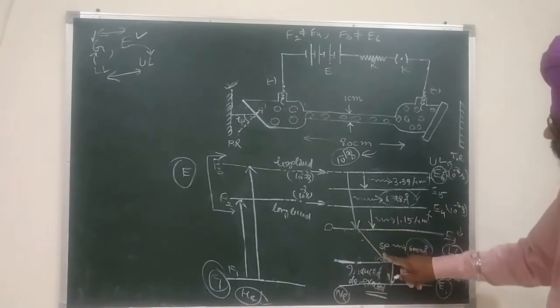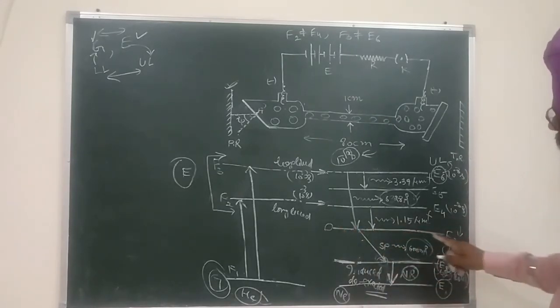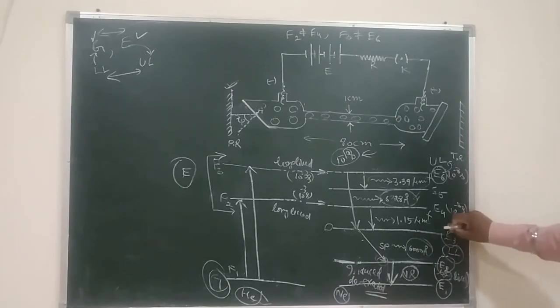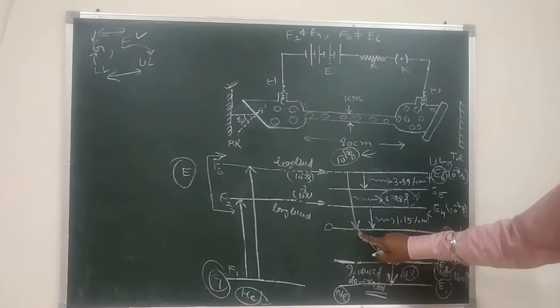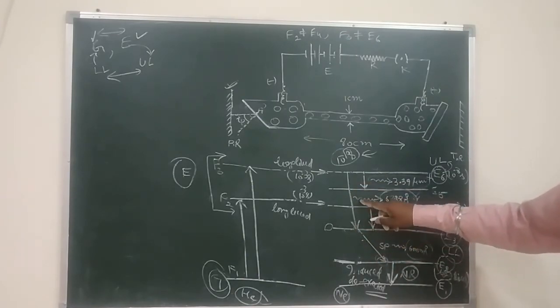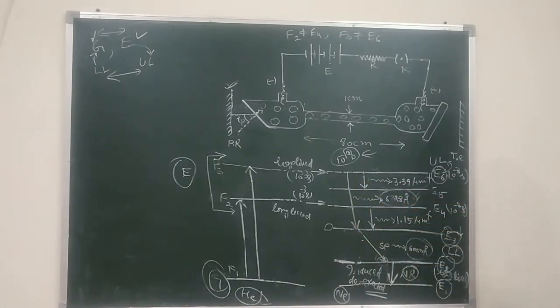So because of both of these processes, the number of molecules in the E3 level is kept 0 all the time. So this process of releasing light will never stop. So you are going to get light in a continuous fashion.